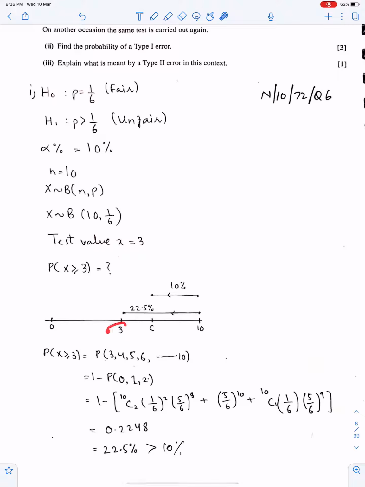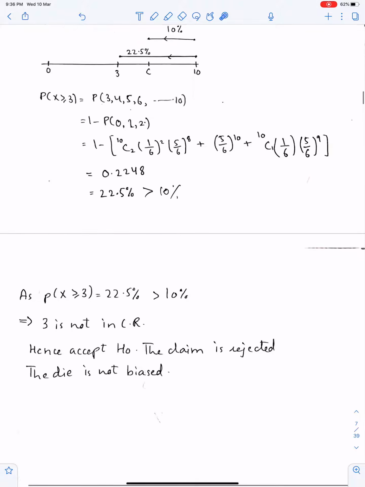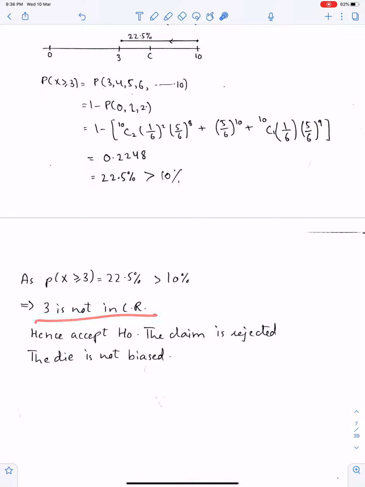Therefore we have to accept H naught, meaning the die is fair. 3 is not in CR, hence accept H naught, the claim is rejected, the die is not biased, the die is fair.